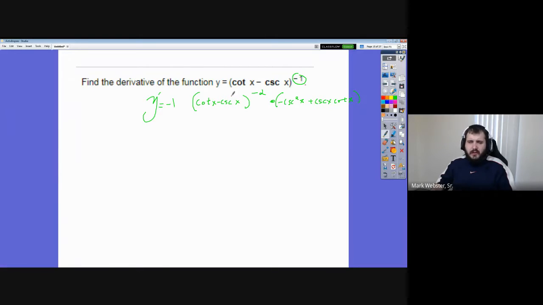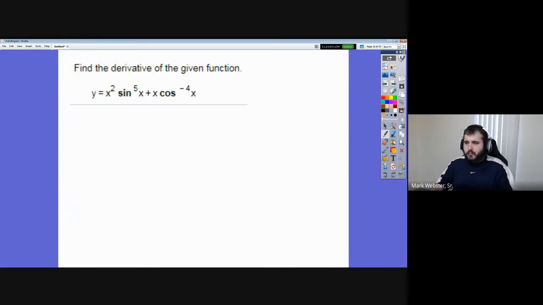So again, you're taking the derivative of the outside part, and you're multiplying it by the derivative of the inside part. Again, don't overthink this. Now, I'll tell you, I really dislike the notation, even though it's standard notation, having the exponent be here in the middle.